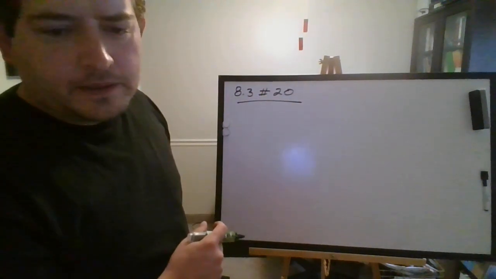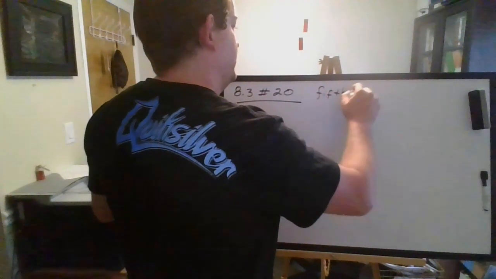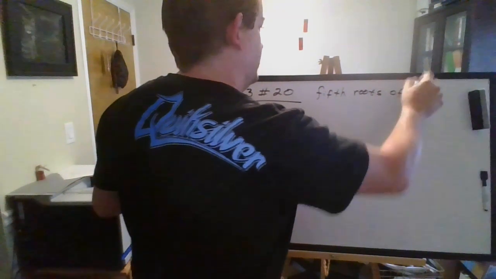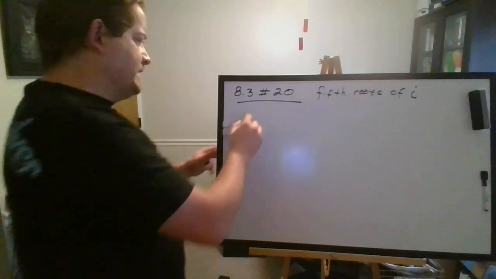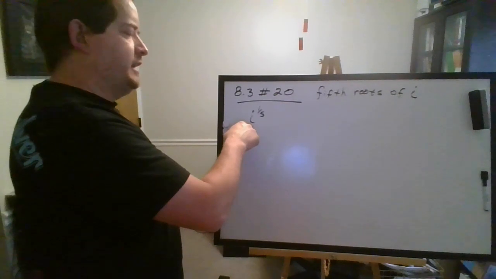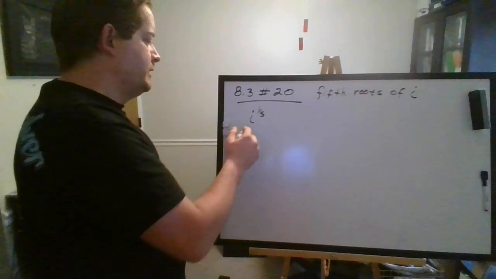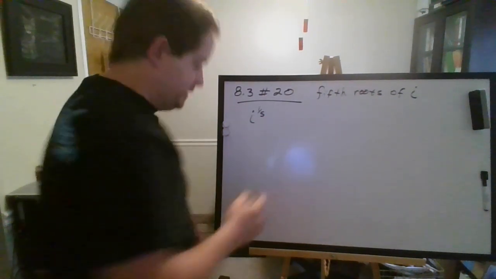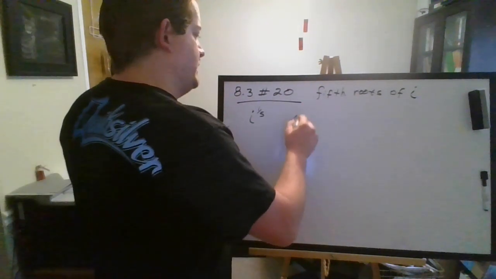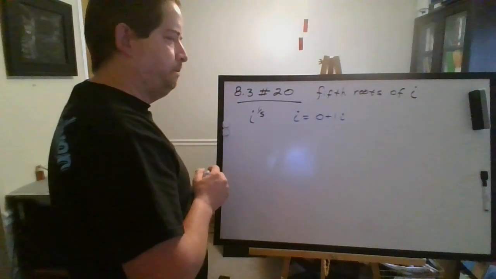It says, find the fifth roots of I. So that is to say that I want to take I to the 1/5 power, right? But I want to find I in terms of polar coordinates or trigonometric form. So I itself is the same thing as 0 plus 1I, right?